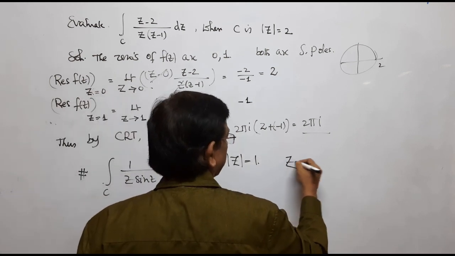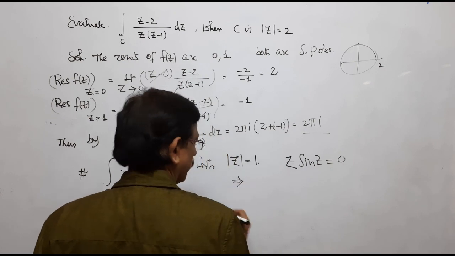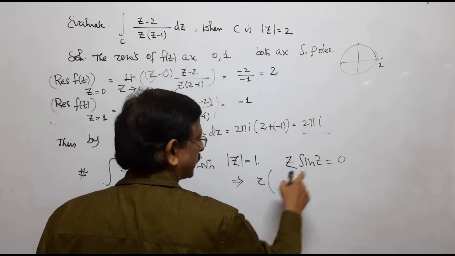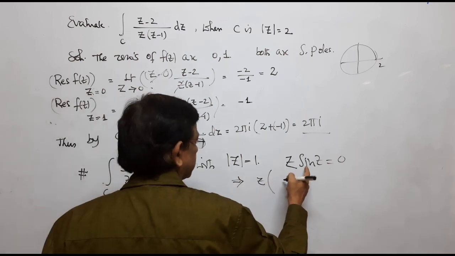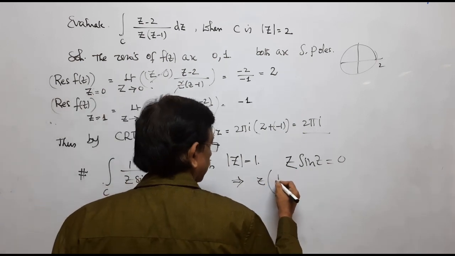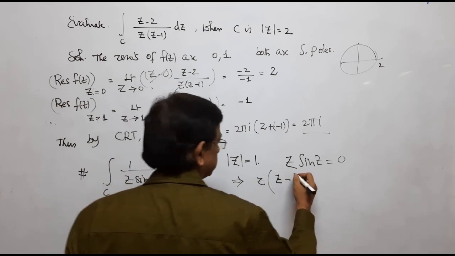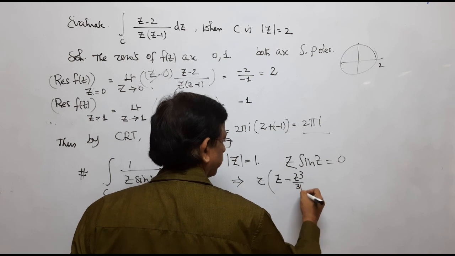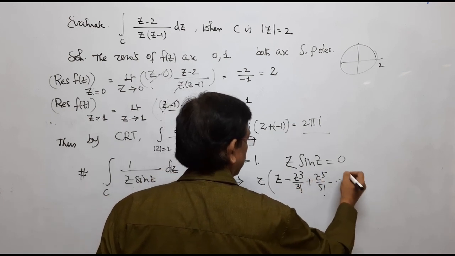Anyhow, I can write z sin z equal to 0. Let me expand sin z. The series of sin z is z minus z cube by factorial 3 plus z power 5 by factorial 5 and so on.